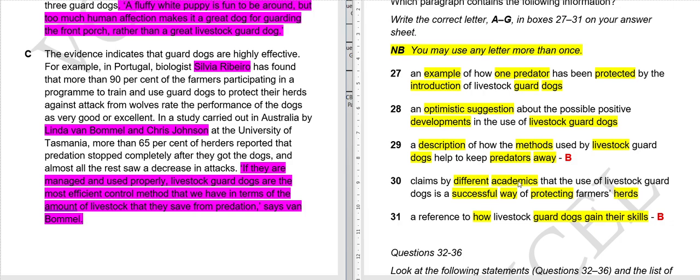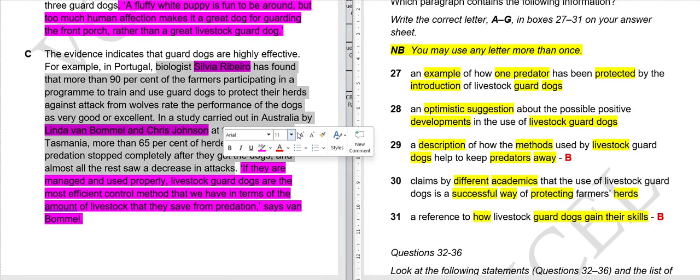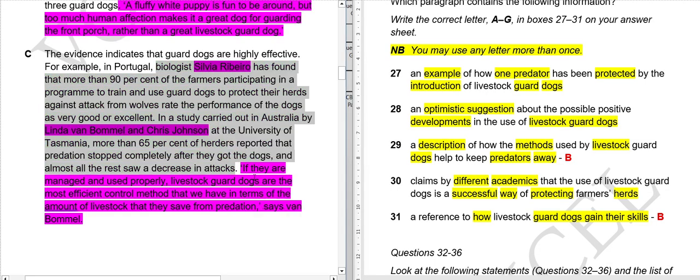Different academics? Yes. First, it is said by Silvia Ribeiro that 90% of farmers participated in this particular program and said it is successful, and then in Australia by Linda Van Bommel and Chris Johnson that 60% said it is successful. So here are the two claims.